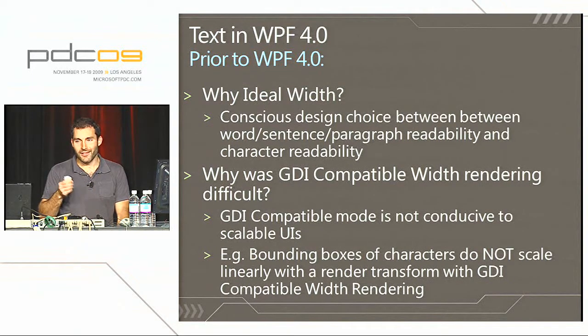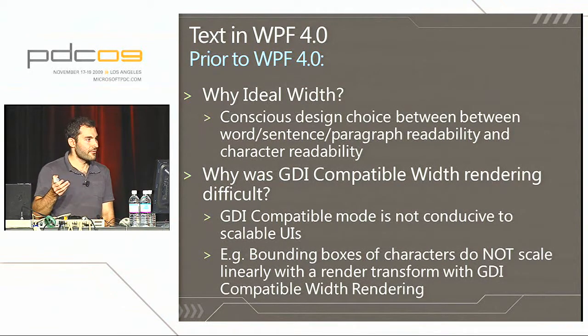You've all seen the scale sliders that are on Blend and all the other applications because WPF allows you to just put a render transform on the root node of your visual tree and then scale the entire application. The reason we can do that, especially with text, is because with ideal width text, the bounding boxes of each glyph scale linearly with a scale transform applied to it.